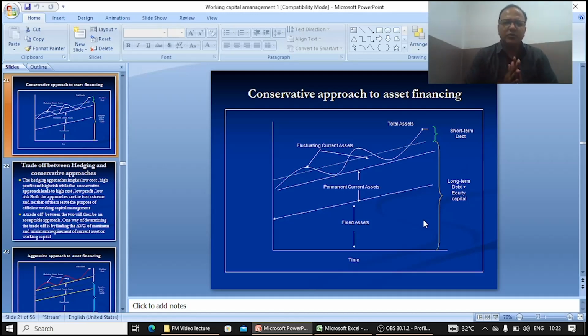So conservative approach says maximum portion of financing should be done with the help of long-term debt, and only the most fluctuating part of working capital should be financed by short-term debt or current liabilities.